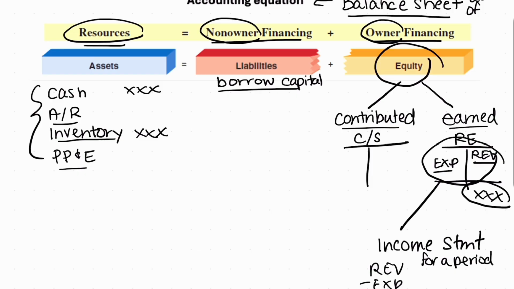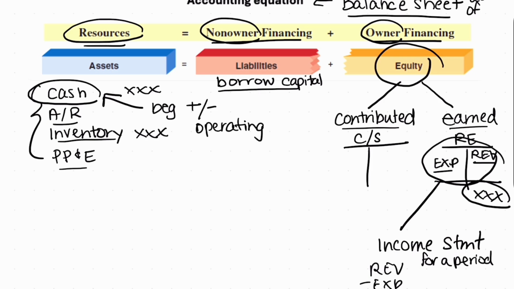And then finally, if I'm looking over here at my assets, cash is really important because if I don't have enough cash on hand to pay my bills when they become due, I'm going to be in trouble. So the statement of cash flows is like double clicking here on this cash balance, and it's going to show me, where did I start the beginning balance and what were all of the ins and outs, the positives and negatives, in 3 different categories. Operating, which is going to be all of the cash flows that helped us make money.